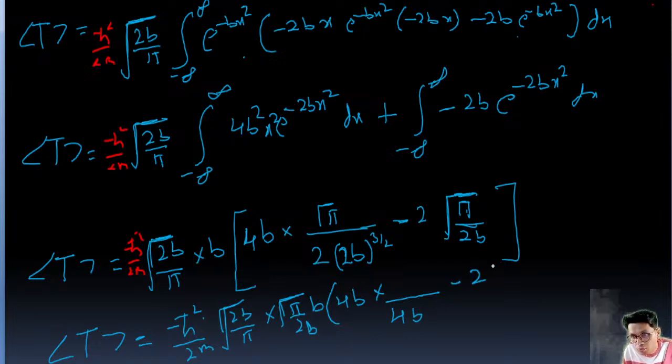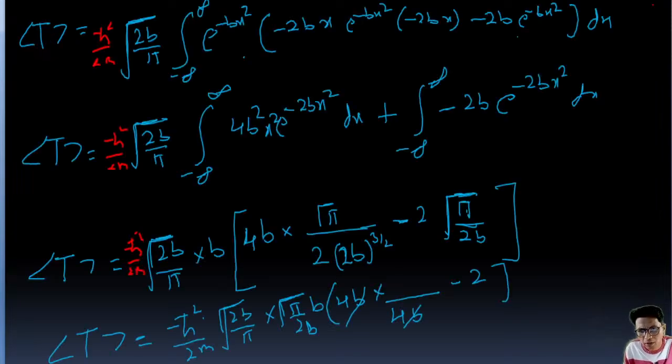Minus 2, right? This gets cancelled, this is 1, so the value of t is going to be minus h cut, minus minus is plus, minus h cut square upon 2m.